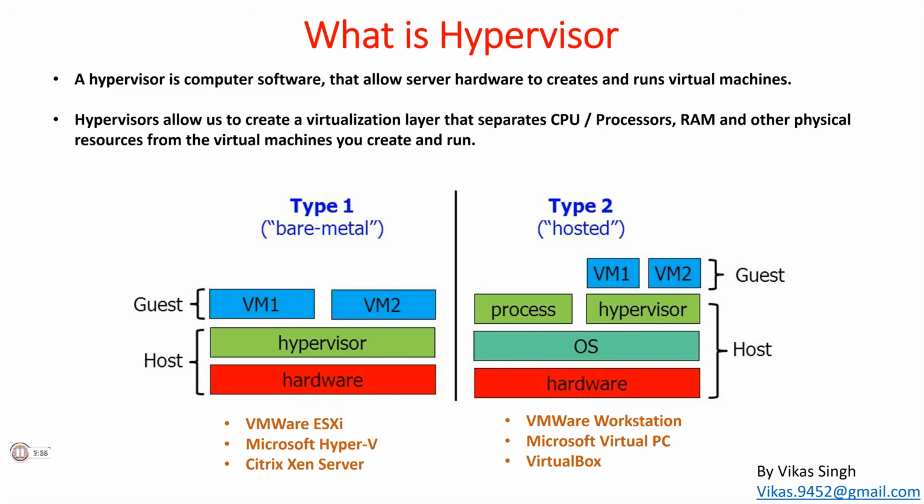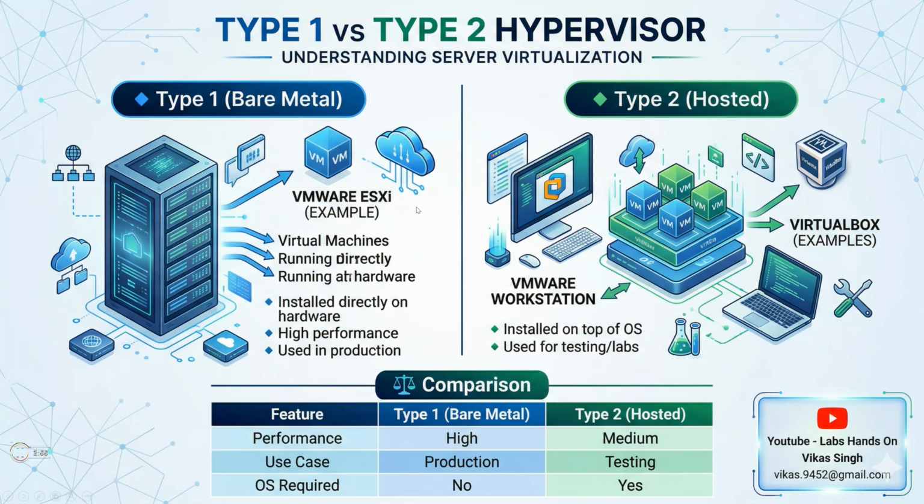The important difference between these two: Type 1 is a high performance hypervisor used in production infrastructure. Type 2 is used for lab and testing, and depends on the host operating system. You can see the same thing in this image. Type 1 is bare metal, such as ESXi, where virtual machines run directly on the hypervisor at the hardware level, supporting high performance and used in production.